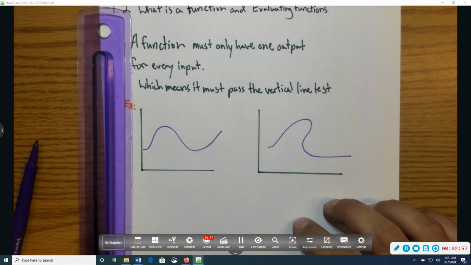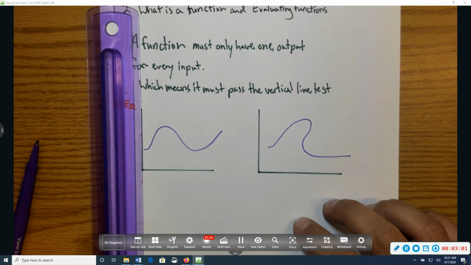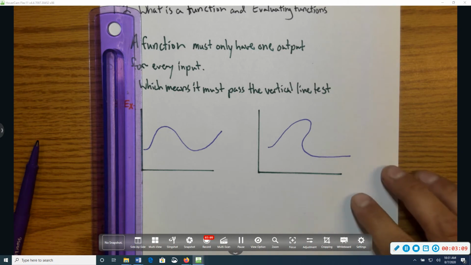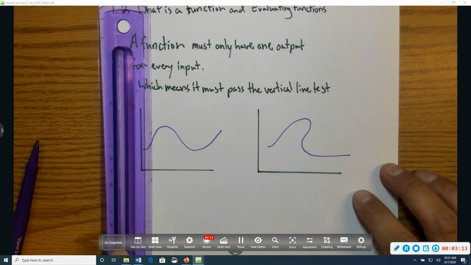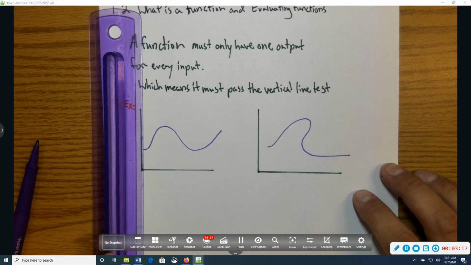Well, the vertical line test, this is what it means. You want to take a vertical line, straight up and down, and go from left to right across the whole equation, because equations go on forever. You want to make sure that as you go from left to right, your function only touches that vertical line once.